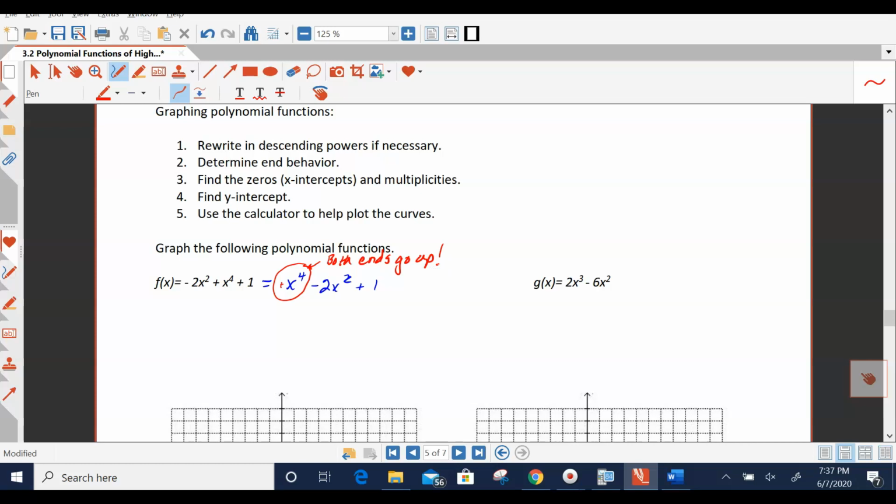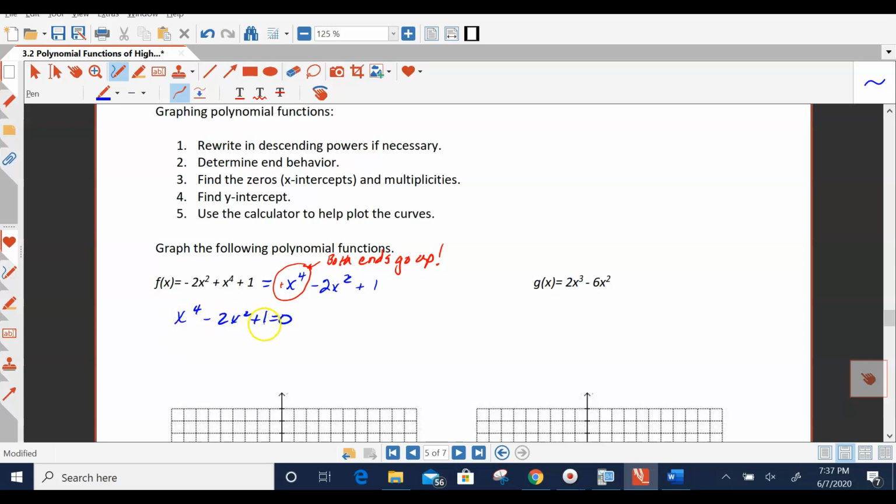Let's work on the x-intercepts. Remember, we set our function equal to 0 and then use what we have in our tool bag to factor and find zeros. So let's set it equal to 0. I want the one that's in descending powers, so we're going to go with x to the 4th minus 2x squared plus 1. It's in a trinomial format.